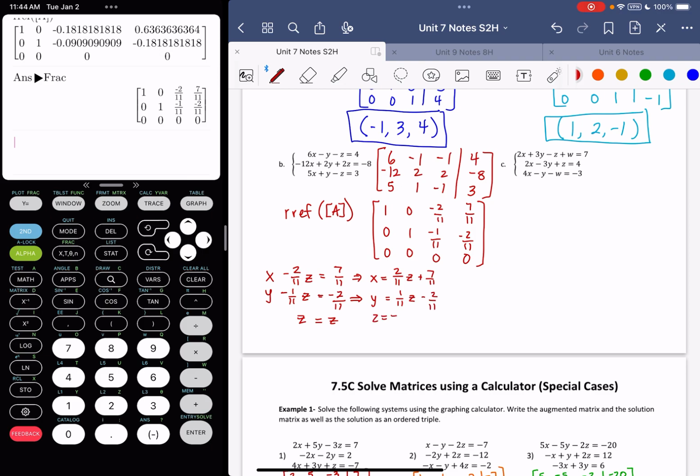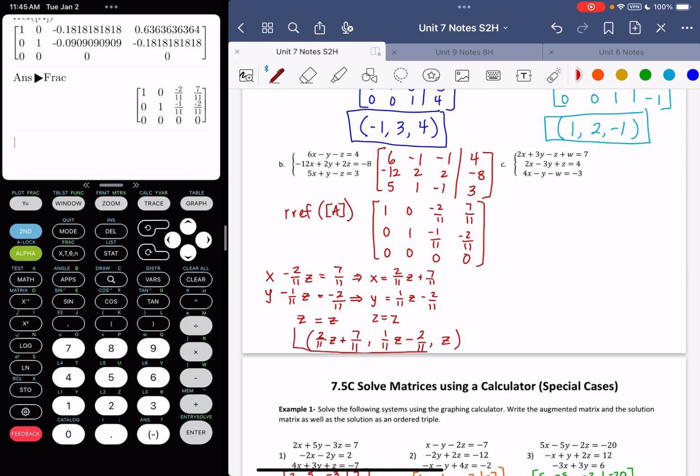And then again, z equals z. So when we write this as an ordered triple, it would be 2 elevenths z plus 7 elevenths, comma, 1 11th z minus 2 elevenths, comma, z.